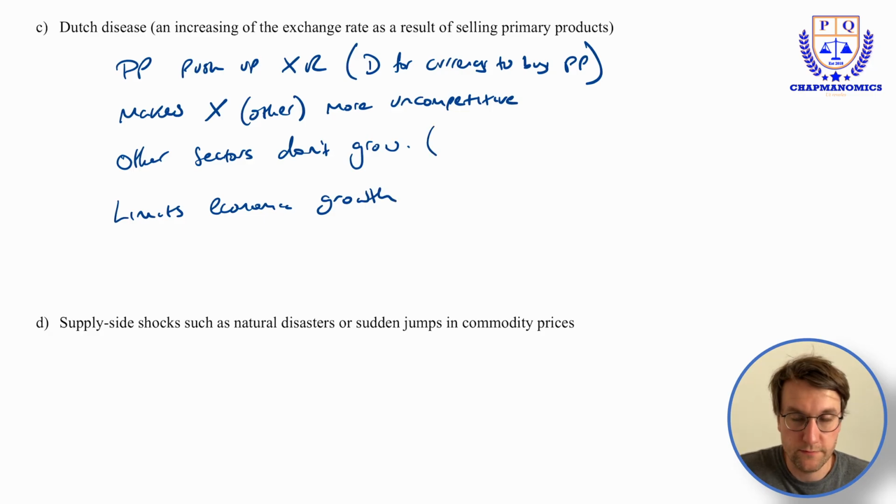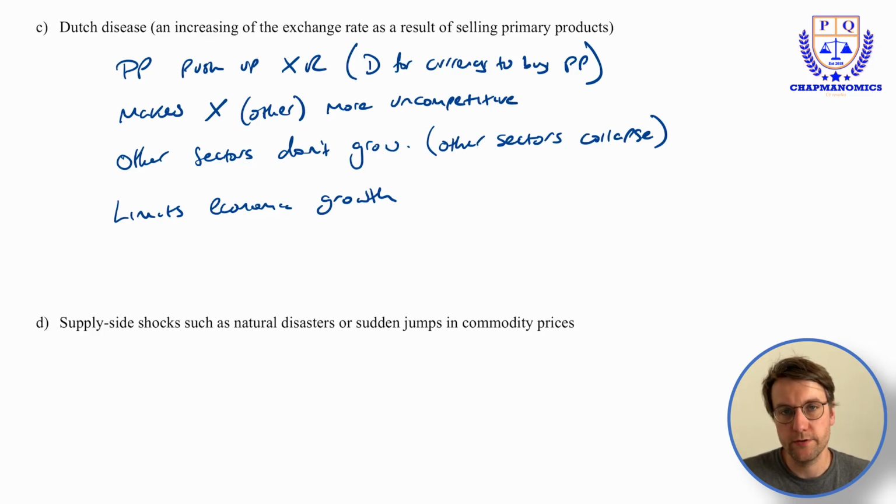Or, of course, in the case of Holland, those other sectors might even collapse. You never know. And so by being primary product dependent, because it pushes up your exchange rate, if you're trying to develop a secondary industry, it's very difficult to do so because your exchange rate is usually higher than it needs to be to make those other exports more competitive. And as a result, your other sectors here don't grow.